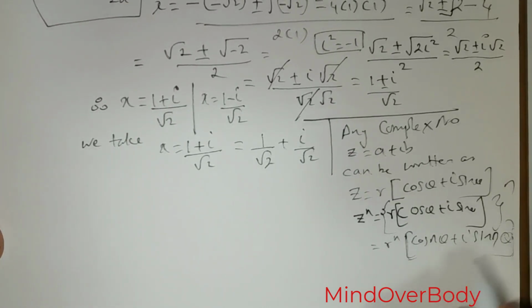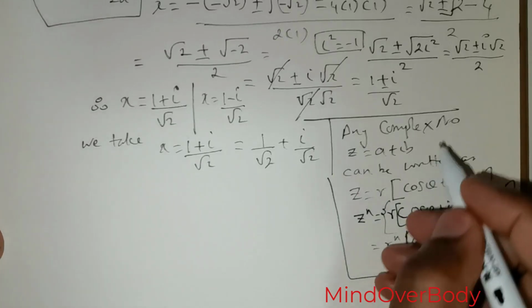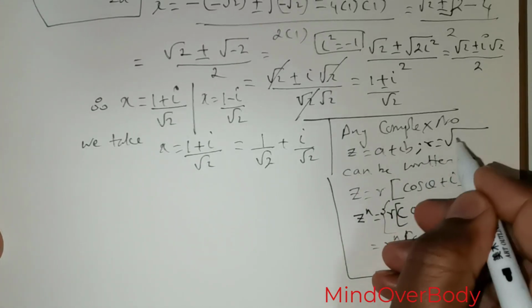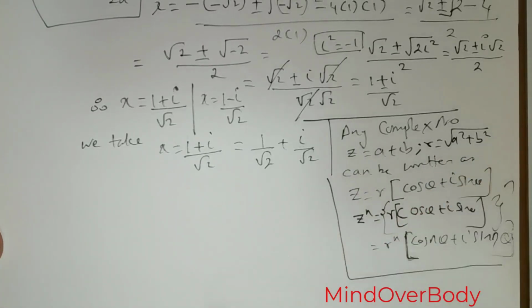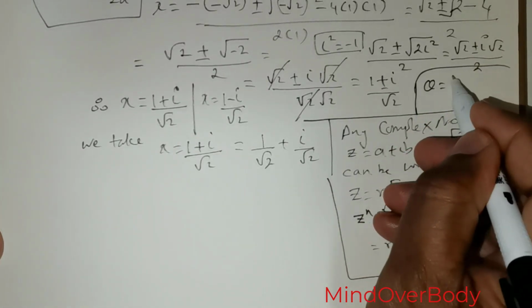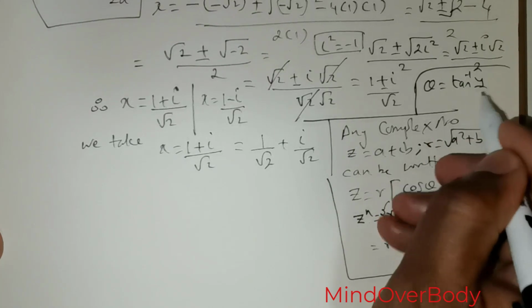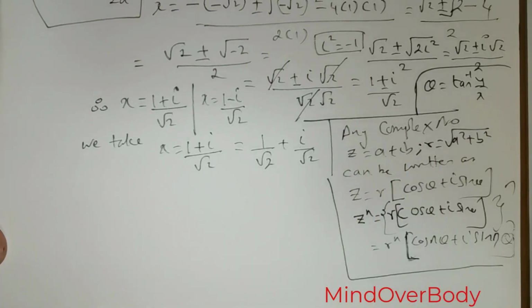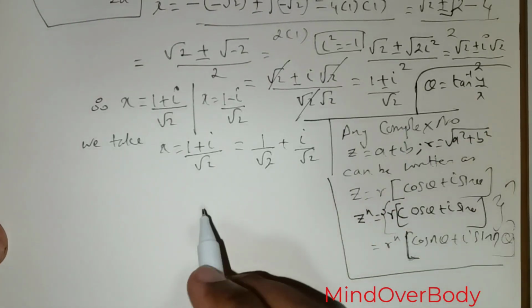So these are some complex number results which we would need. Now what is r? r is equal to root of a squared plus b squared, and theta is equal to tan inverse of y over x.